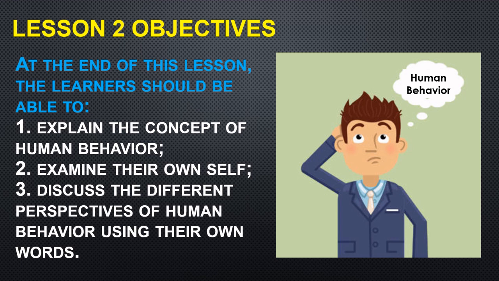Again, at the end of this lesson number 2, it is expected that the learners should be able to explain the concept of human behavior and should be able to examine who they are, as well as identify and discuss the different perspectives or ideas on what makes a human behavior using their own words.